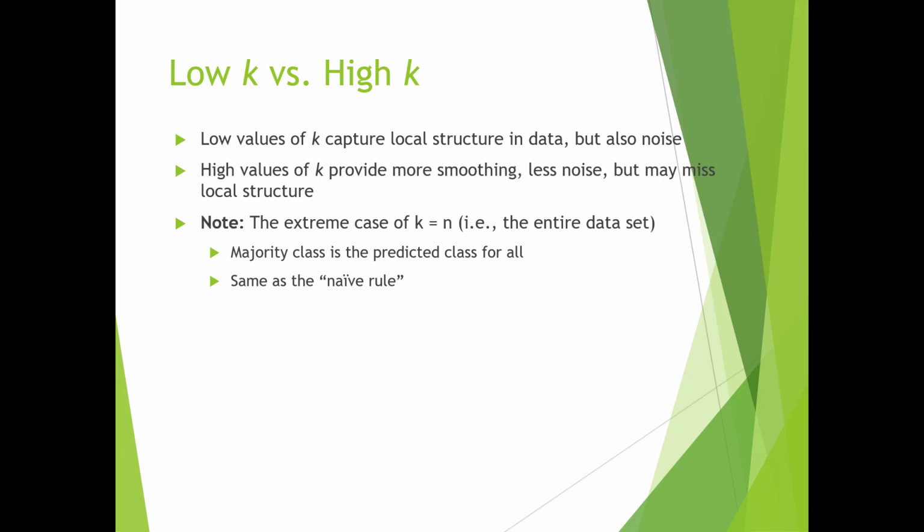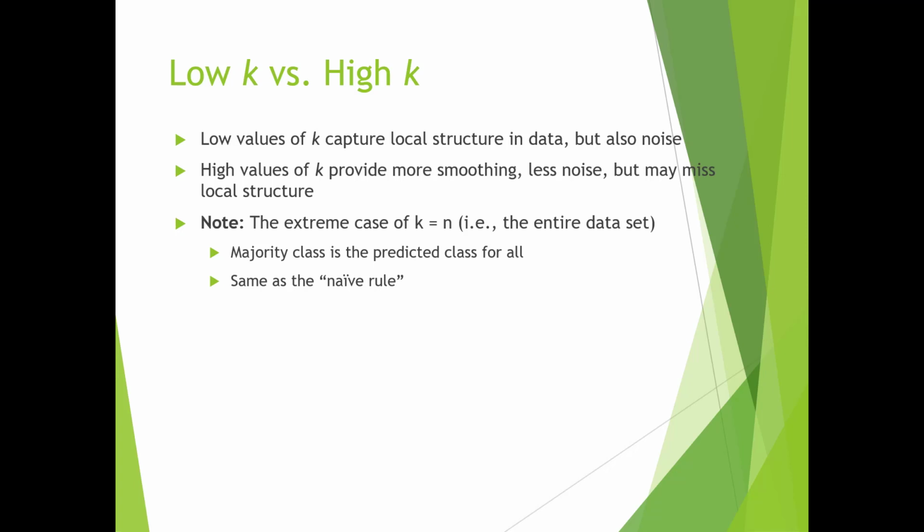You're trying to figure out the accurate classification, but low values of k have a tendency to fit where there is no fit available. You're just fitting the noise. So small k will be very volatile, whereas large k is going to be stable.